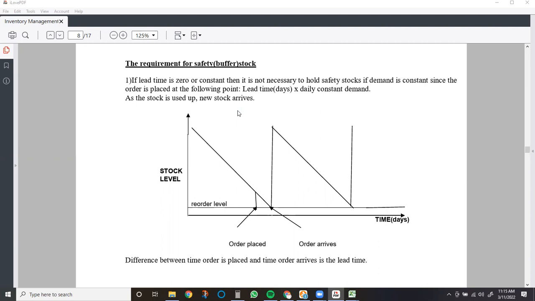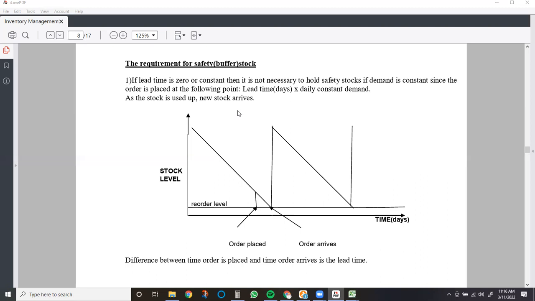And an additional assumption of the EOQ, which is not only that demand is known with certainty, but also the demand for the material, or the product, is at a constant rate. Which means if customers demand 200 units a day, it will always be 200 units a day.